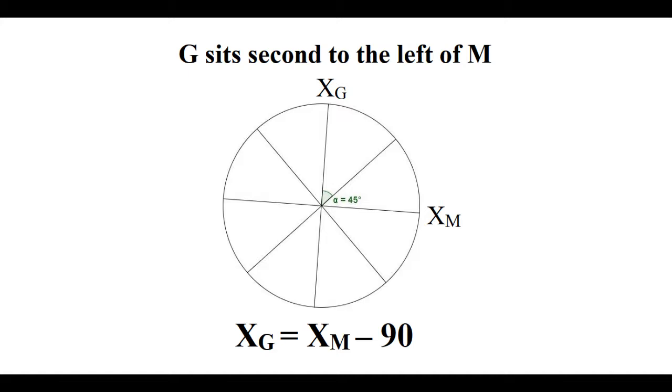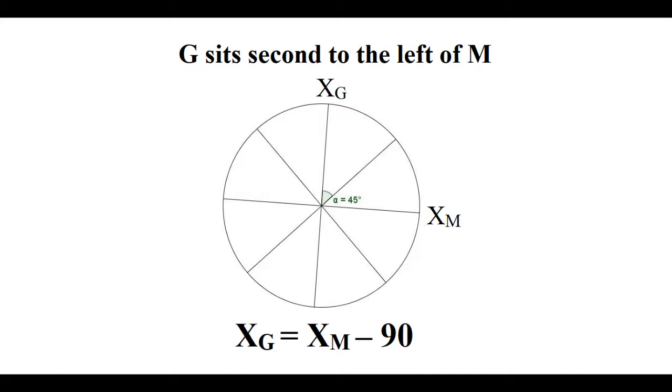Because they are facing outward and left means minus. Why 90? Because it is second to the left. Second means 2, and per step is 45, so 45 into 2 is 90. Let's move further to make this example much clearer.